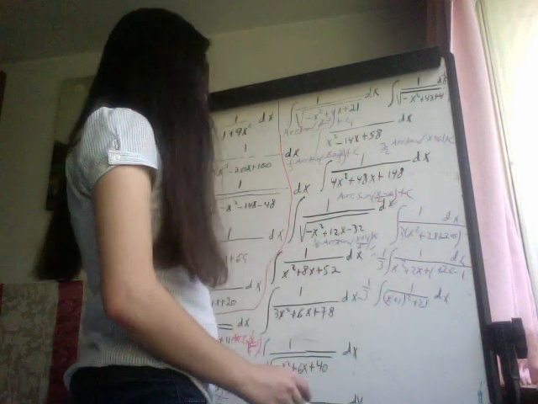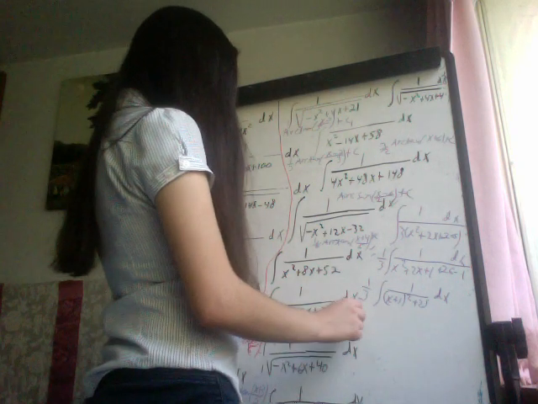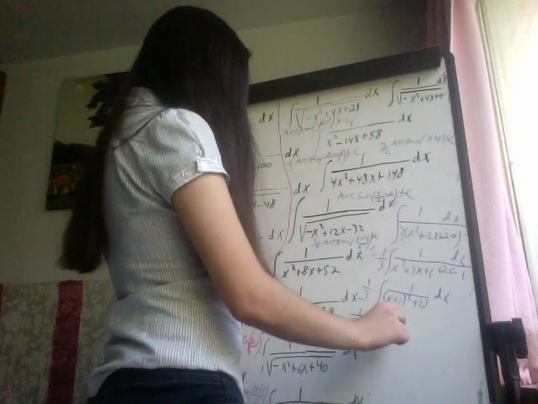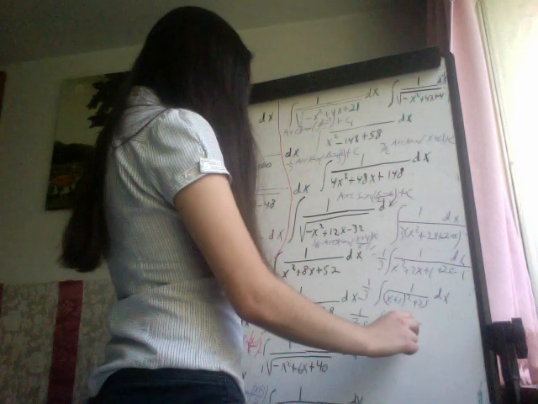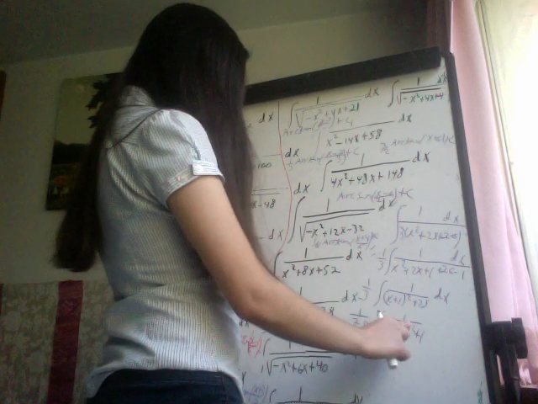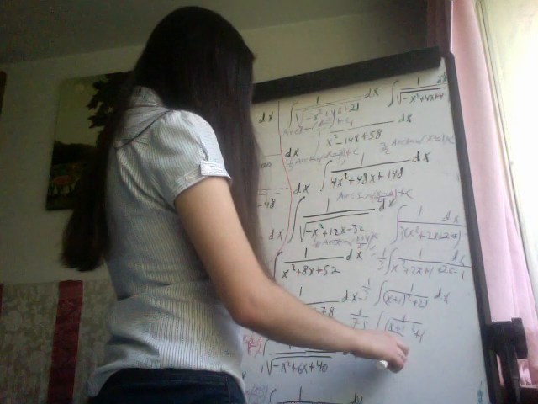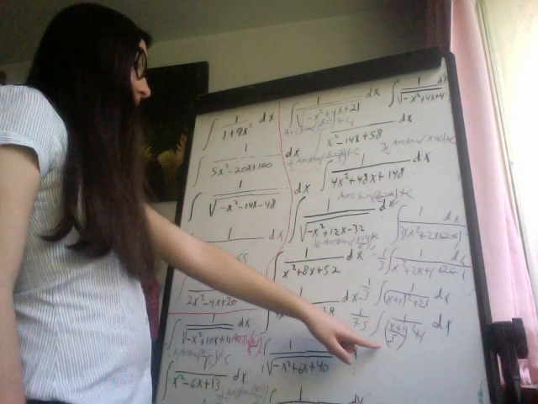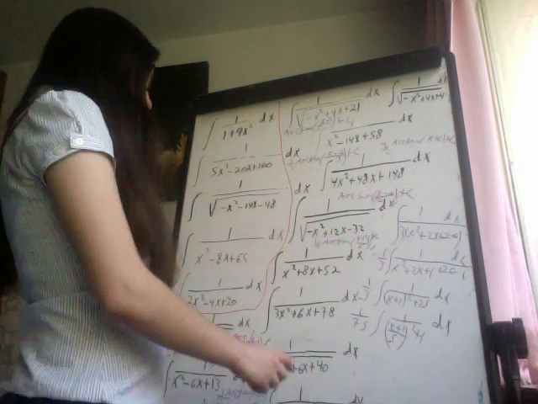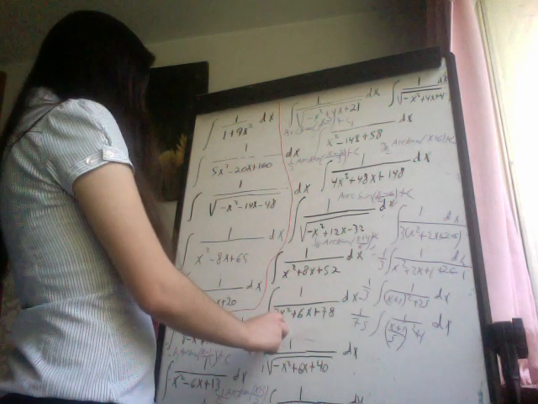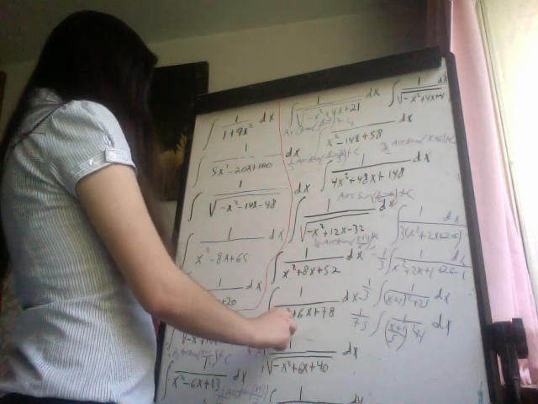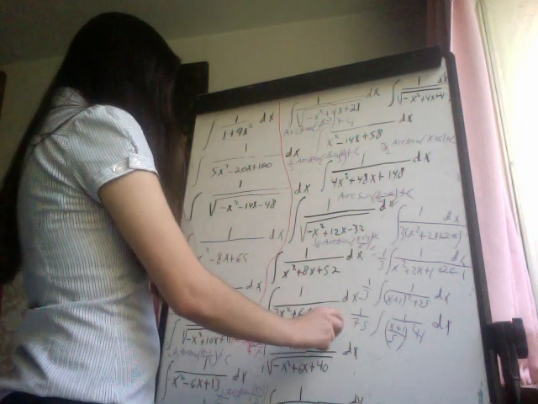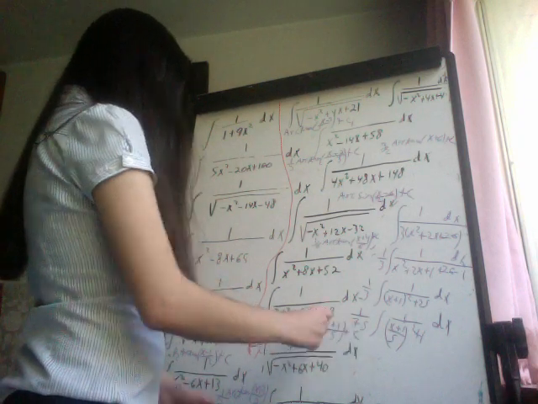Divide everything by 25. So here we have 1 over 75 times the integral of 1 over ((x plus 1) divided by 5) all this squared plus 1 dx. So this, you already can see, would be 1 over 15 times the arctangent of (x plus 1) divided by 5 plus c.